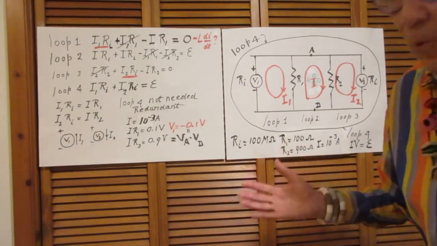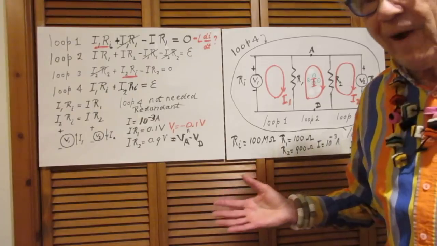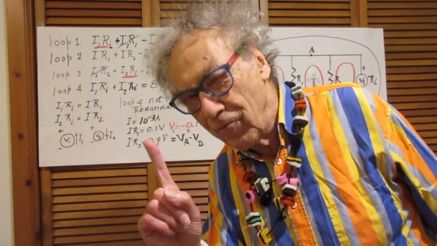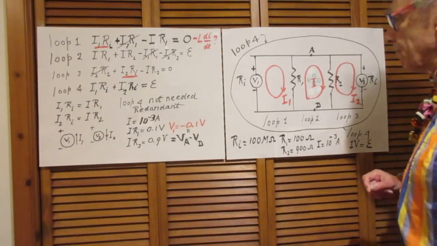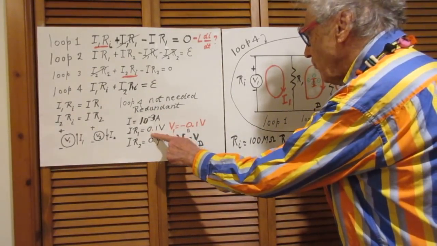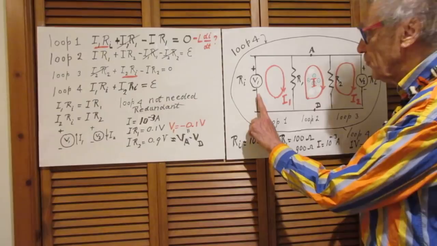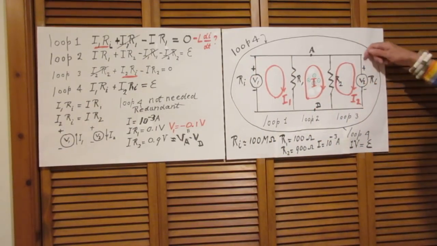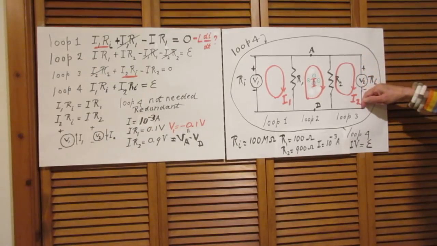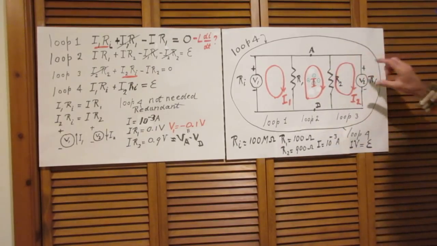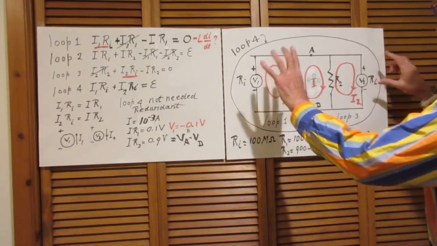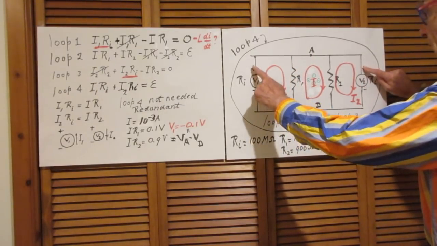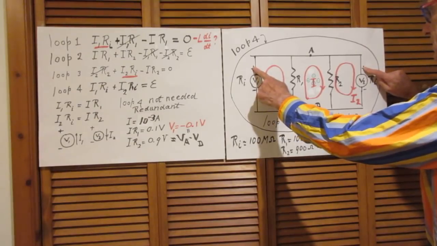That's non-negotiable. It's the result of Faraday's law. However, be careful. This 0.1 volt is the result of a current flowing in this direction. This 0.9 volt is the result of a current flowing in this direction. Both voltmeters obviously were attached in such a way that the plus side of the voltmeters are both in this direction.